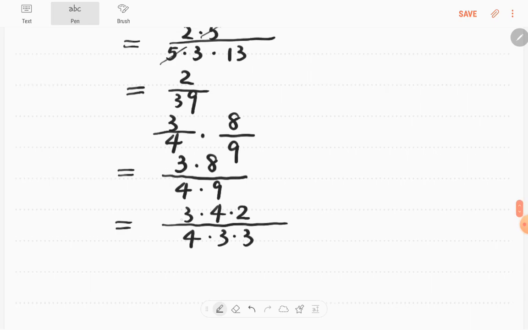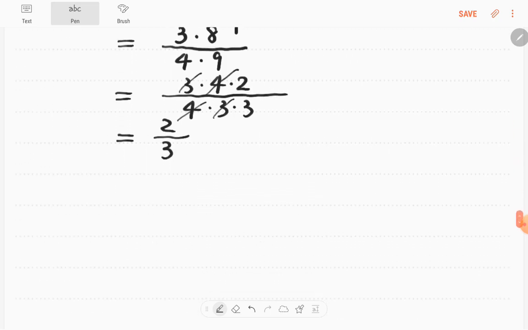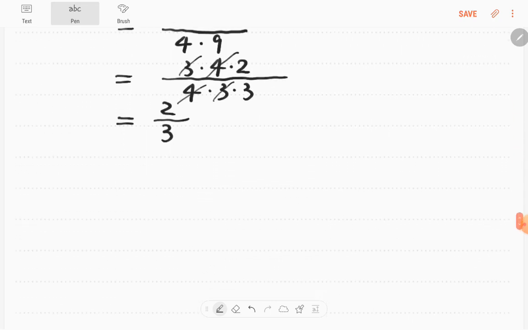Then we can cross out 3, both numerator and denominator, and cross out 4, both numerator and denominator. And we will have our answer is 2 over 3. That will be the simplest form of our fraction. Okay, that's for the multiplication of fractions.